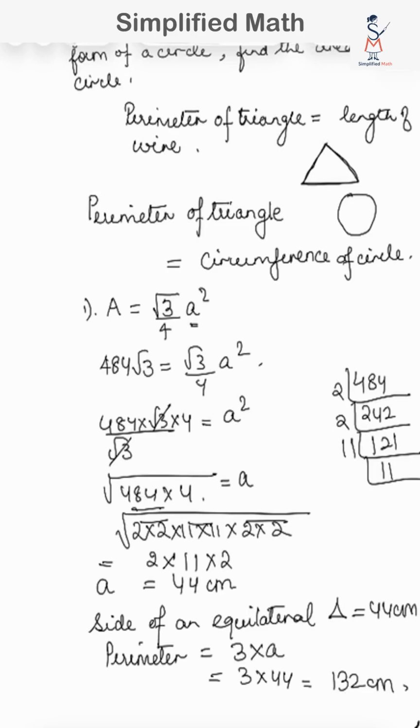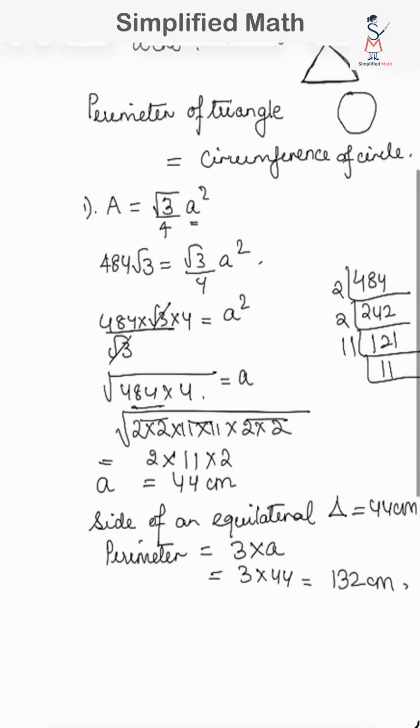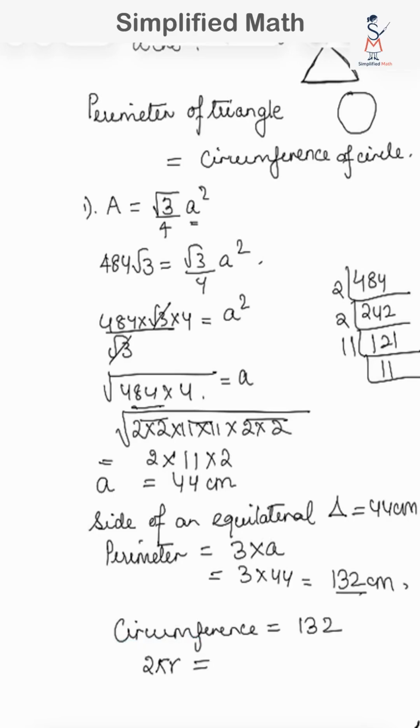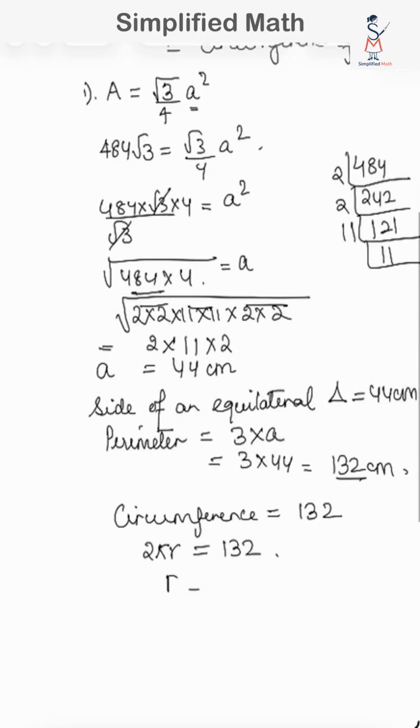Now this perimeter is equal to the circumference of the circle. With this circumference we will find the radius of the given circle. So we will write: circumference is equal to 132, which is equal to the perimeter. So 2 pi r is equal to 132. So what will be r? 132 divided by 2 pi.